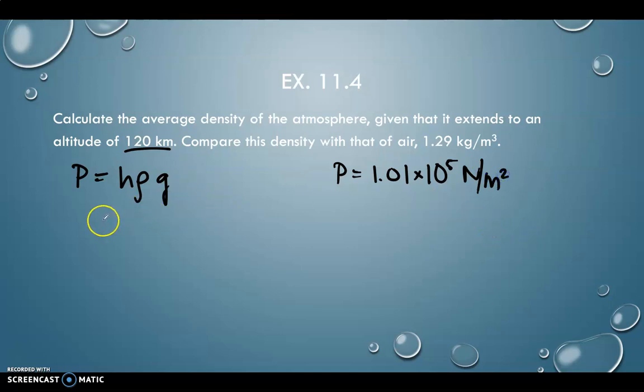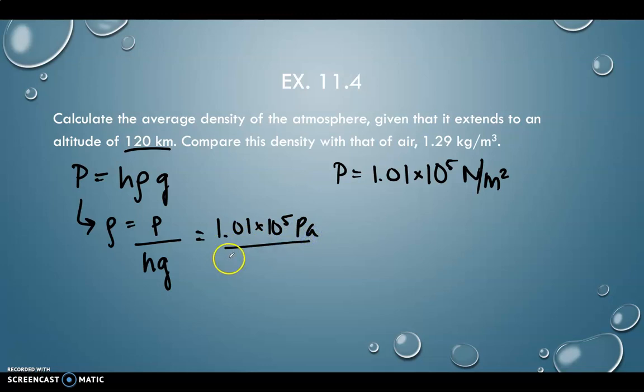And so using this equation, we can solve for our density. That's going to be our pressure over H times G. So our pressure is 1.01 times 10 to the 5th pascals over our height, which is 120 kilometers. That altitude, or that height, we're going to need to turn into meters.